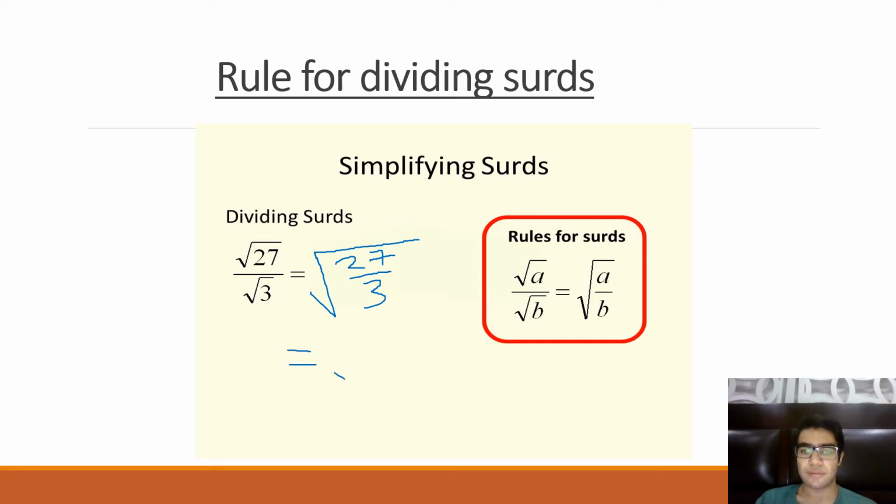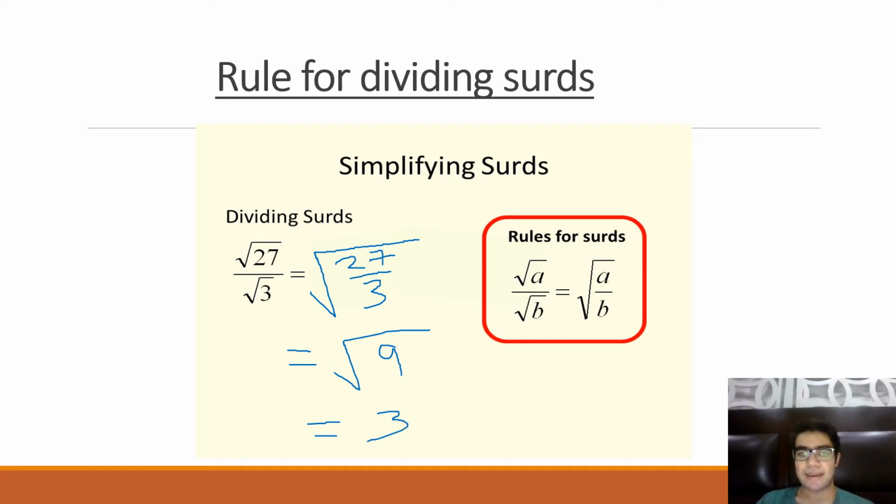You leave the square root as it is. 27 divided by 3 is equal to 9, so it's square root of 9, and 9 is a perfect square. Square root of 9 is equal to 3. So the final answer is 3.